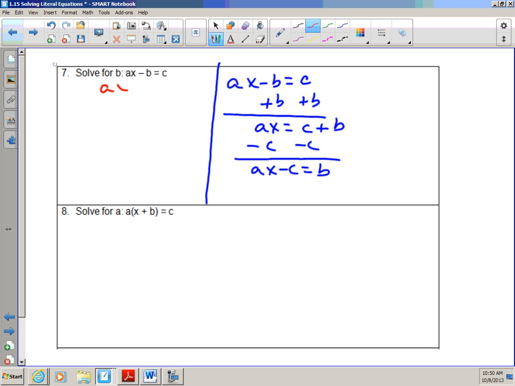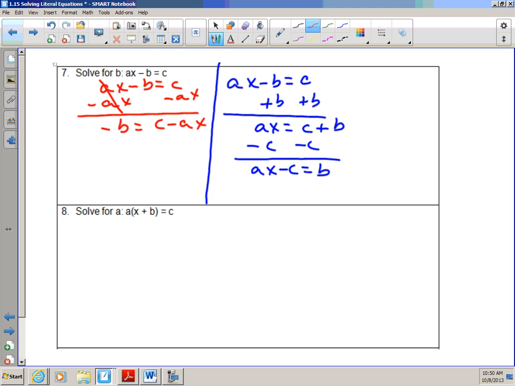Perfectly valid way to do it. Now, somebody might see this a little differently. They might say, I don't like to move the variable that I'm solving for, i.e. the b, so I'm going to move the ax by subtracting ax. Now, where you have to be careful is it's a negative b is equal to c minus ax.